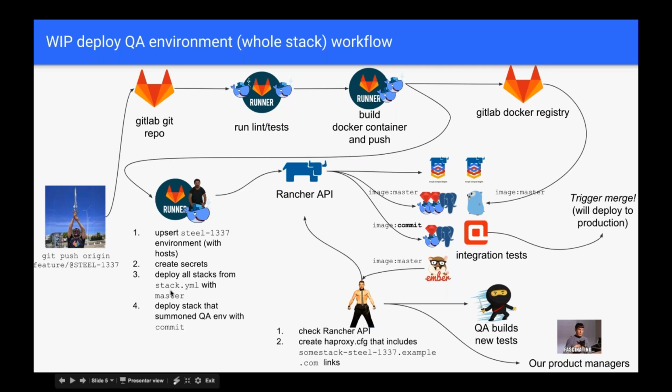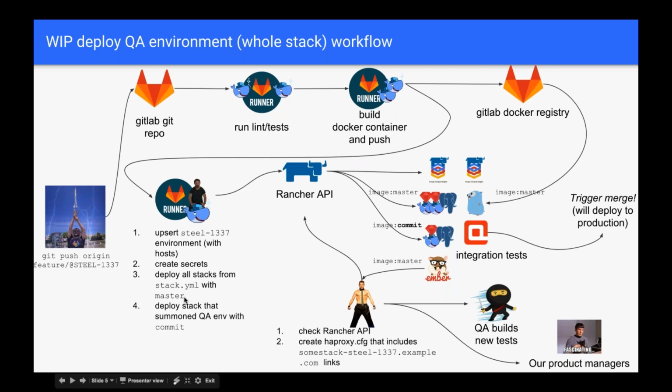We'll deploy all of these stacks from the stack YAML into our new environment that has been upserted, with the master branch, which is basically the latest image. And it will deploy the project that we've been pushing here with the actual commit that we've pushed here.